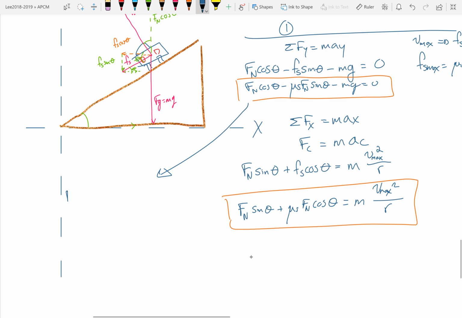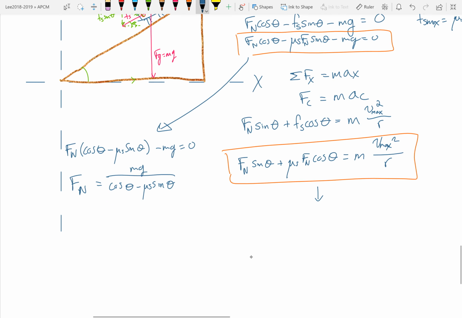So here, factoring out normal force is Fn times cosine theta minus mu s sine theta, and then I have minus mg equals 0, and so that's going to become normal force is equal to mg divided by cosine theta minus mu s sine theta.